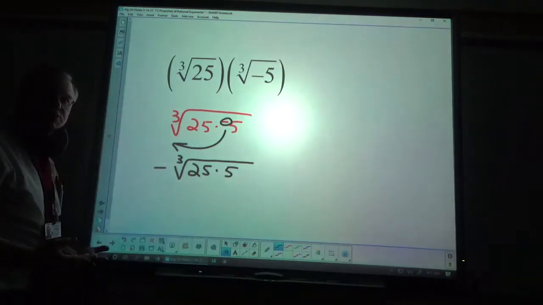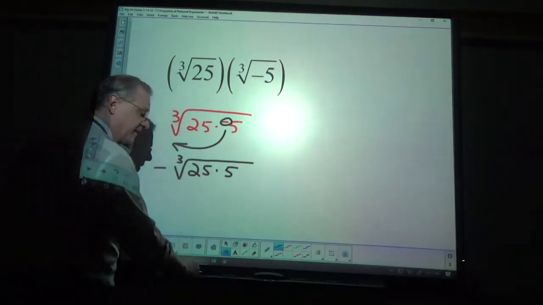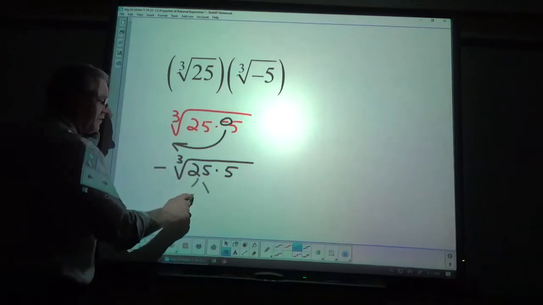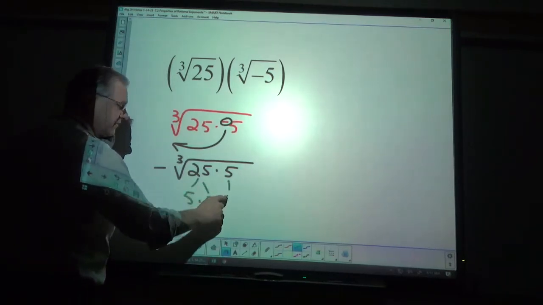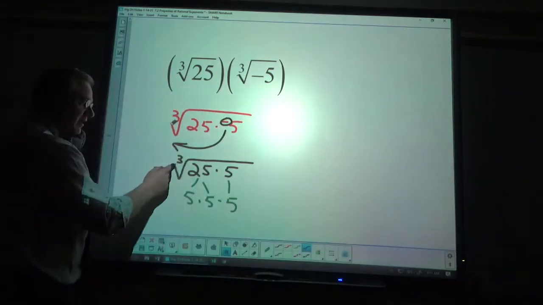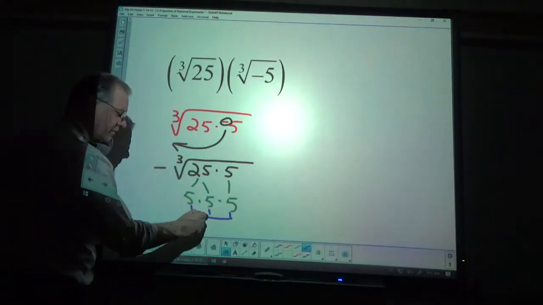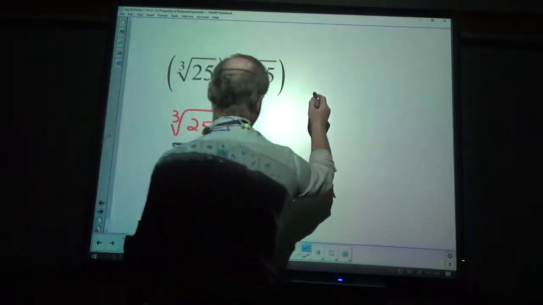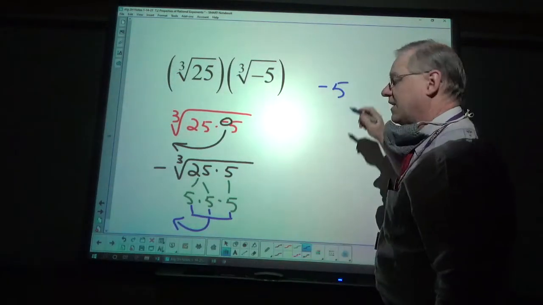And now we can proceed to reduce or simplify the inside. 25 is 5 times 5, and I've got this 5. I need 3 to pull 1 out. 1, 2, 3 comes out, and the final answer here is negative 5.